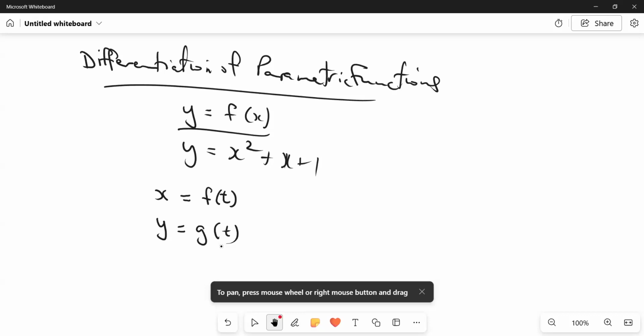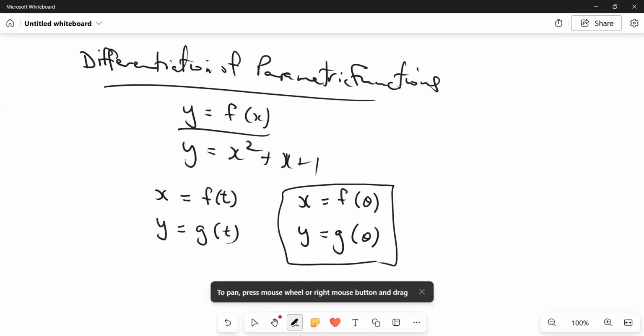For the couple of teachers in the class, you are already introduced in your other courses where x is described as a function of theta, y equal to a function of theta. You're familiar with this already. And at other times, you can have this situation, and the other parameter can be anything. So we have t here, that could be time. It could be an angle, just to name a few examples.